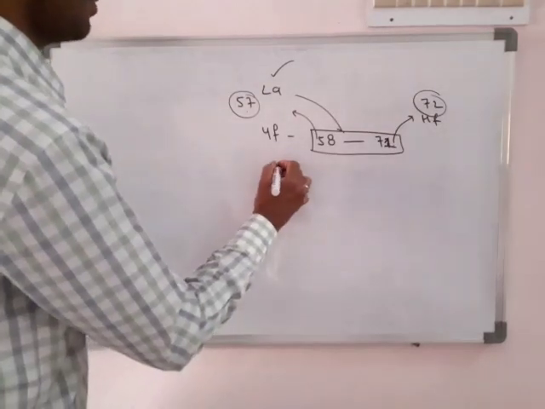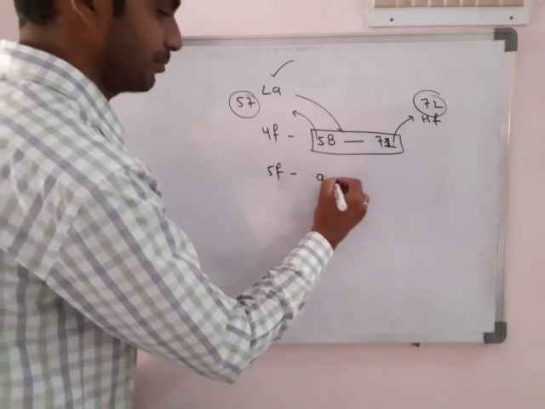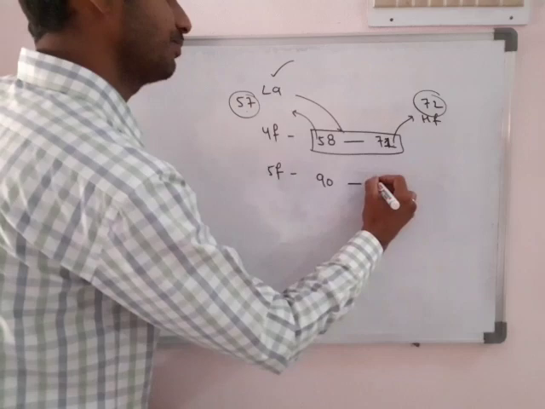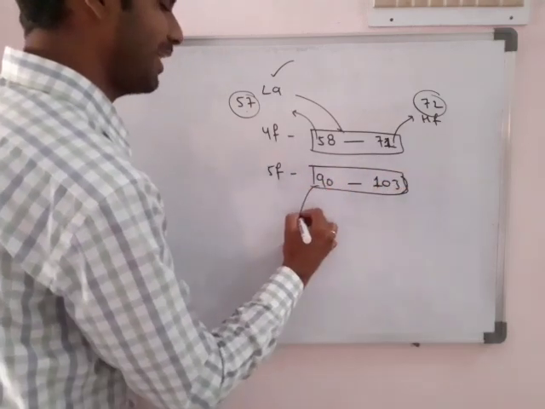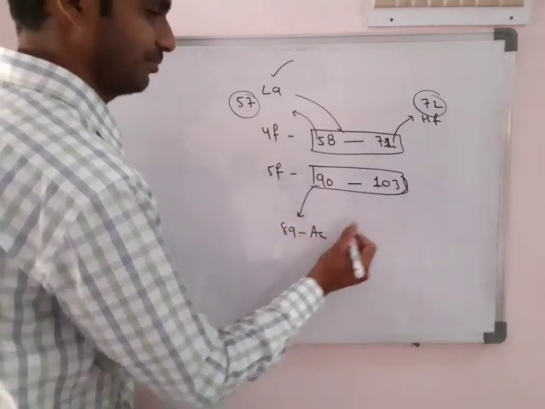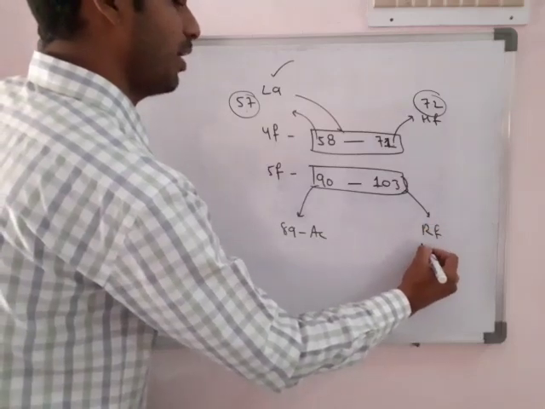Next, in the 5F series, what is the starting element? Thorium 90, and the last is lawrencium 103. Before 90, the element is 89, that is actinium. After 103 comes rutherfordium 104.